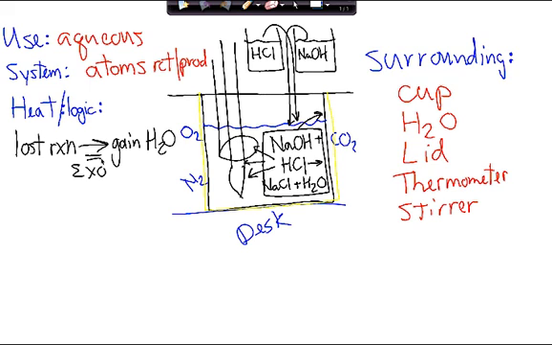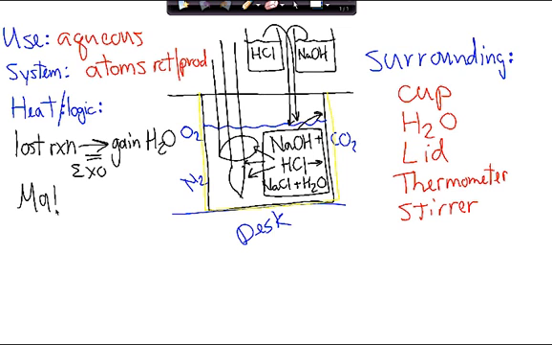The amount of energy lost by the reaction, if it's exothermic, is gained by the water. If it were endothermic, the direction would change, but they would still be equal. You get the idea? Okay, so now we've got to talk about the math.